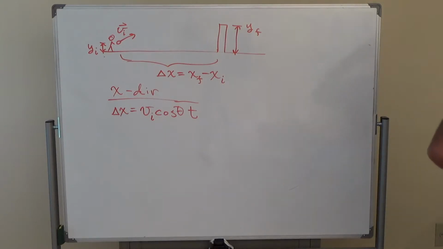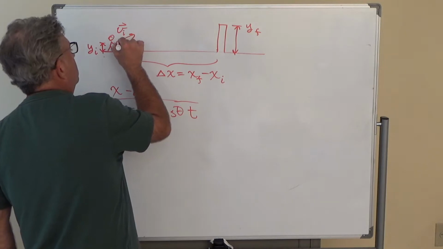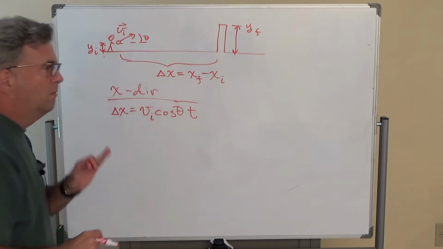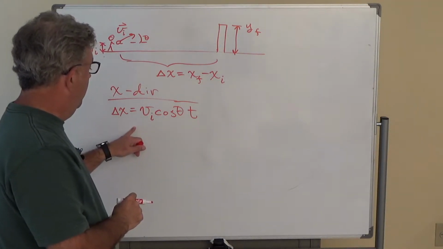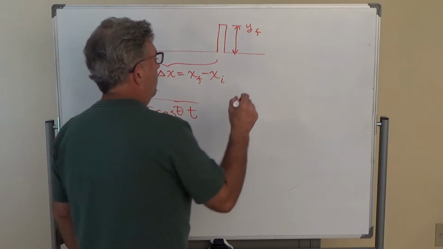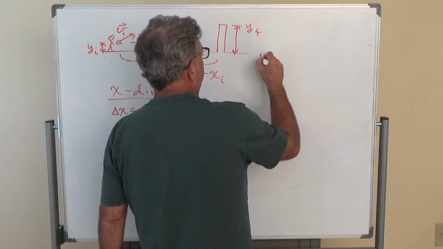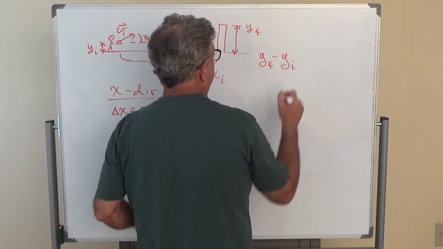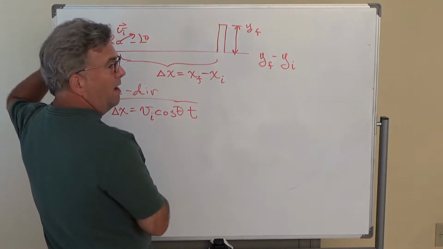So this is theta, some angle. That's about it for the X direction. For the Y direction, you have Y final minus Y initial. That's the height of the wall minus the starting height.